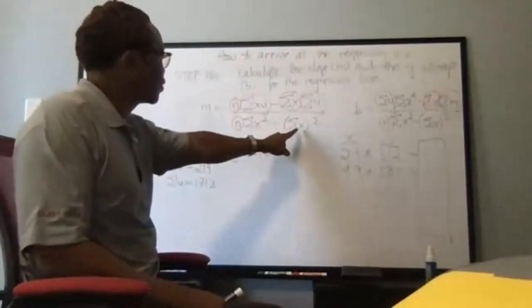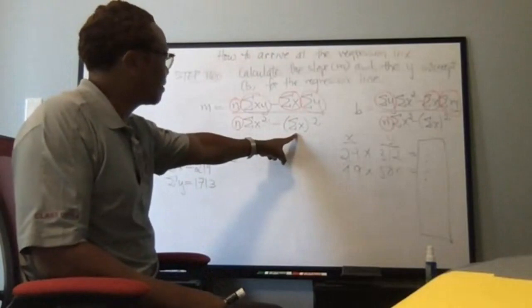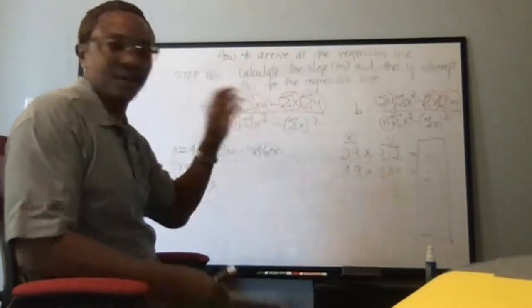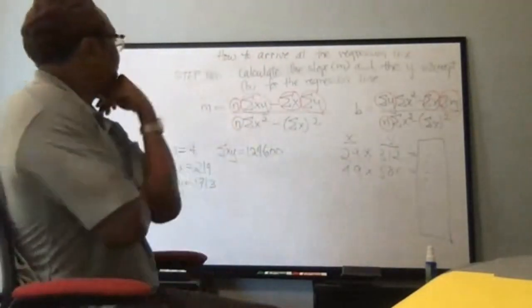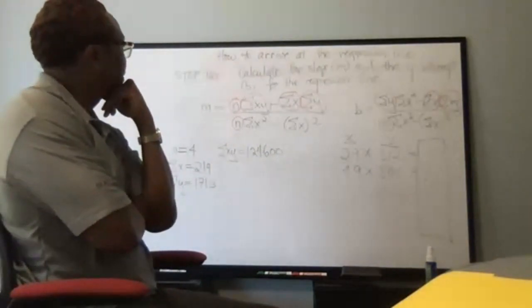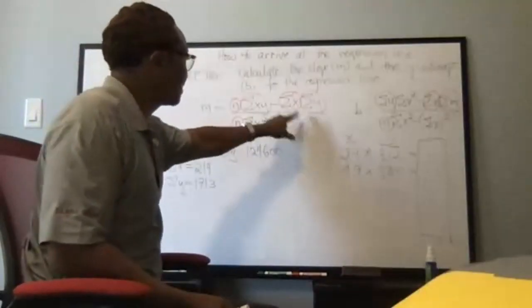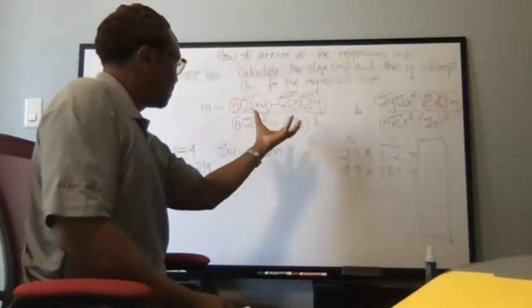Anybody want to try to explain what's going on right here? Like, how do we get that? Cameron, what's going on there? Would you just square the 219 that you previously got? Oh, okay, so this parentheses is saying add them first.